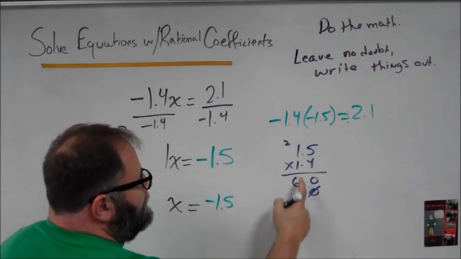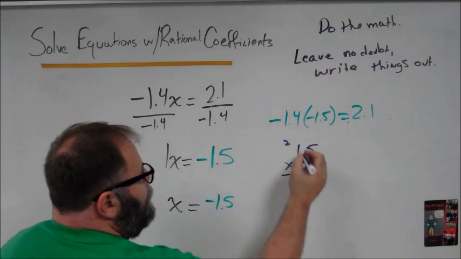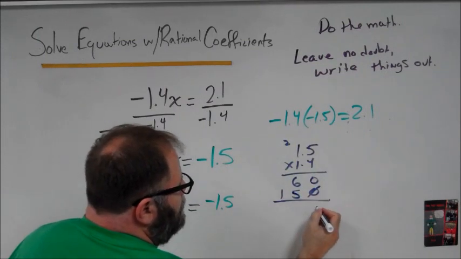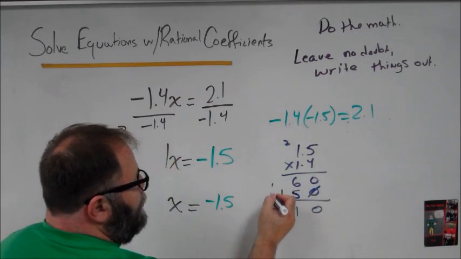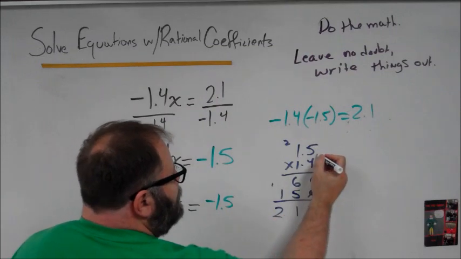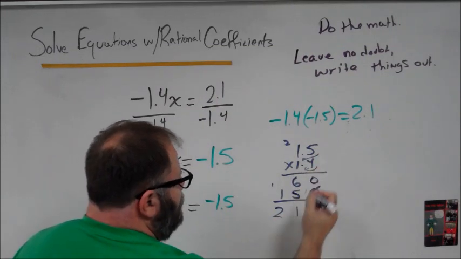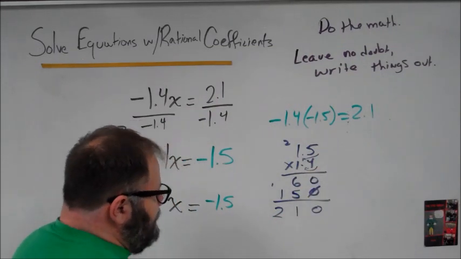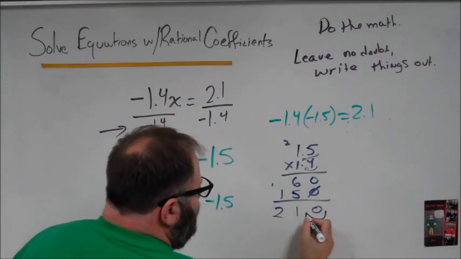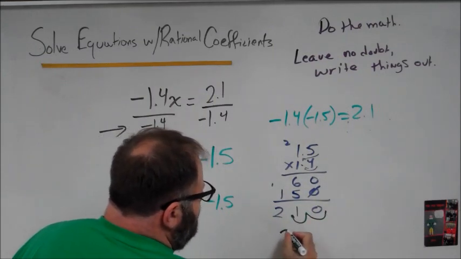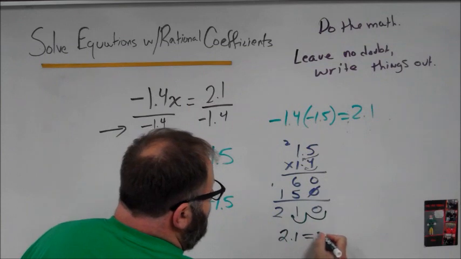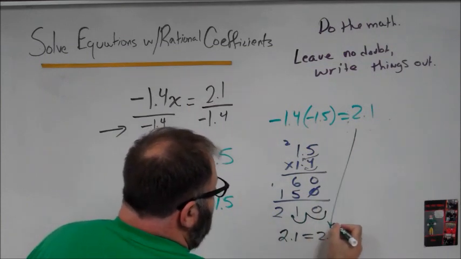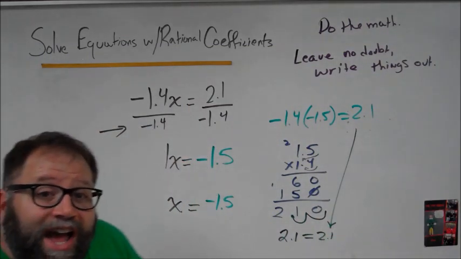We're just multiplying by 10 here. 1 times 5, 1 times 1, 0, 1, carry the 1, 2. Count your spaces now, 1, 2. There are 2 spaces there, which means we go 1, 2 here, which means our answer is 2.1 equals 2.1. And it checks.